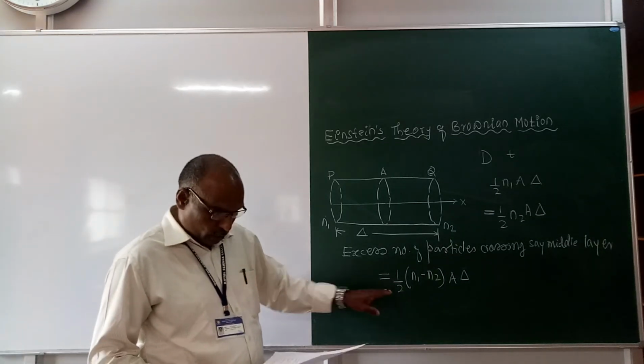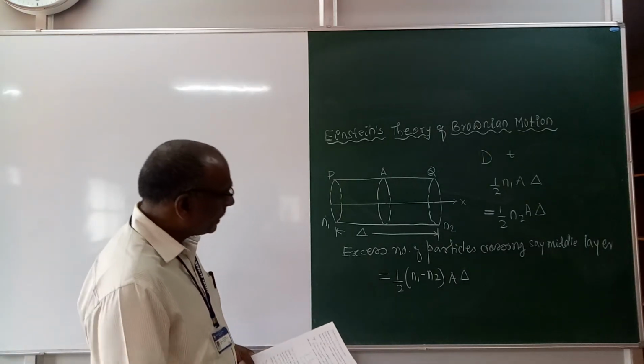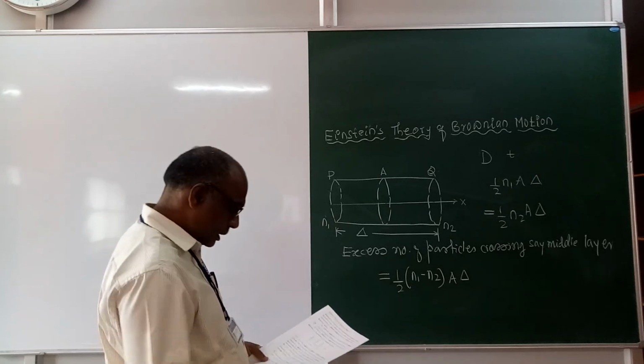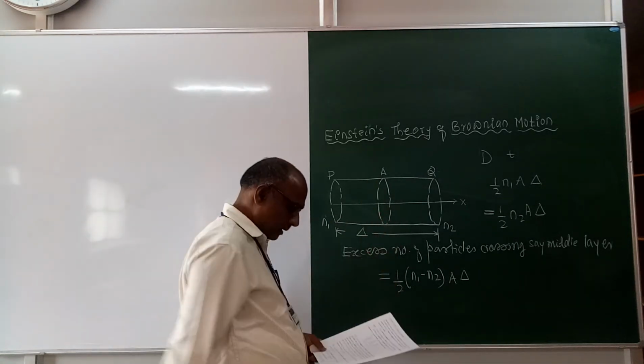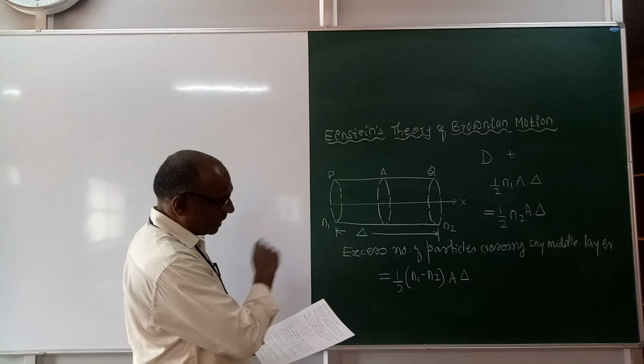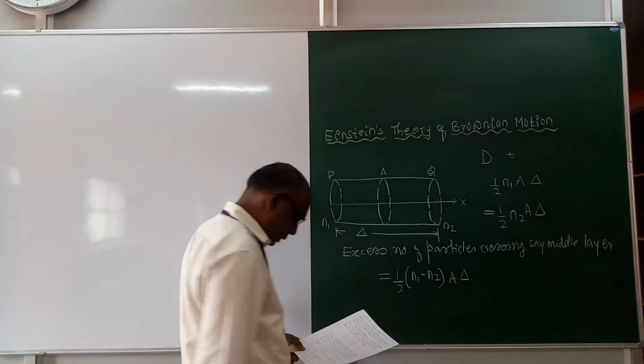This is the excess number of particles crossing the middle layer in a certain time interval to the right or left.